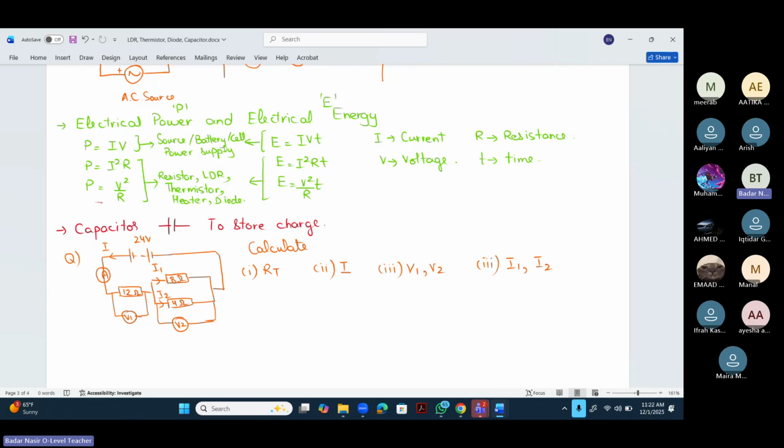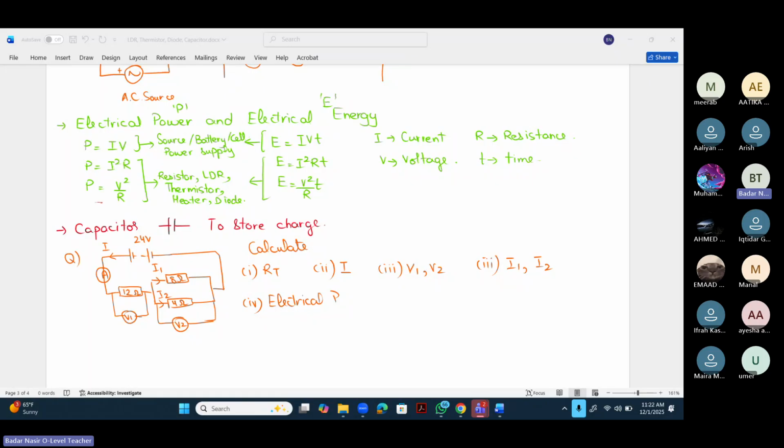After we have calculated this, then we have to calculate the electrical power and other parts. Yes, beta, you have to round off the answer to two significant figures.